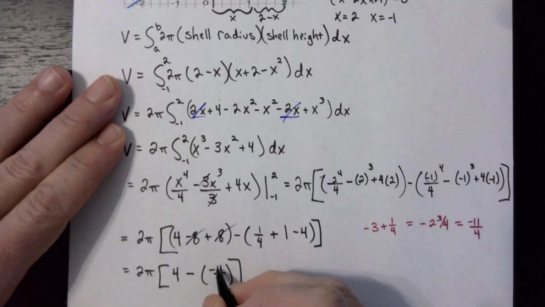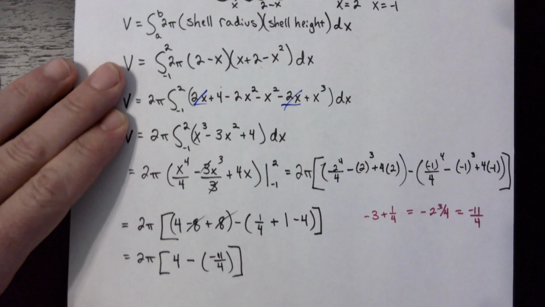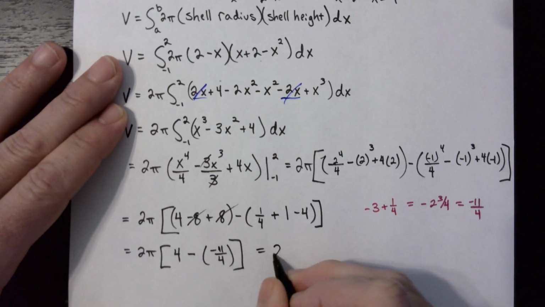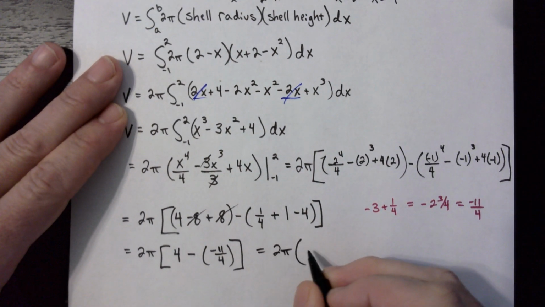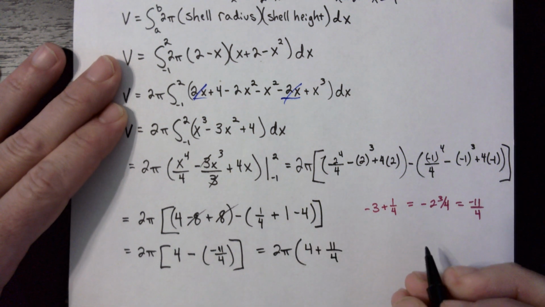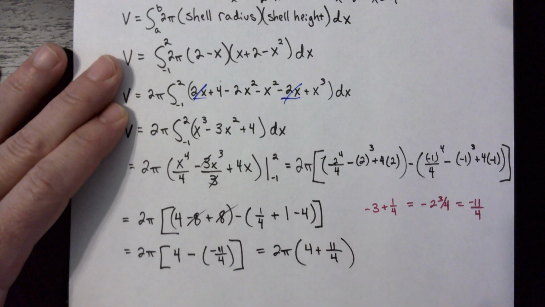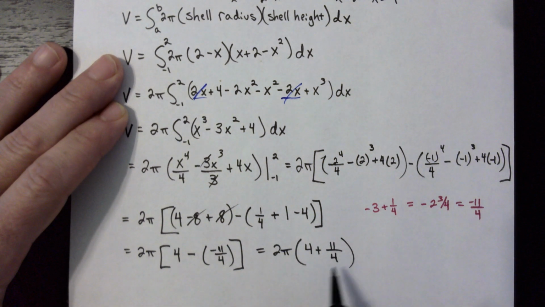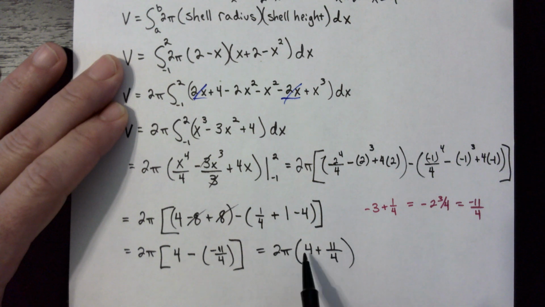Almost done. Okay, so remember the minus and the minus become a plus. So you get 2 pi, and then you have 4 plus 11 over 4. Okay. And then when you do that, use the common denominator. The common denominator will be a 4, right? So this will become, instead of a 4, it will become 16 over 4.